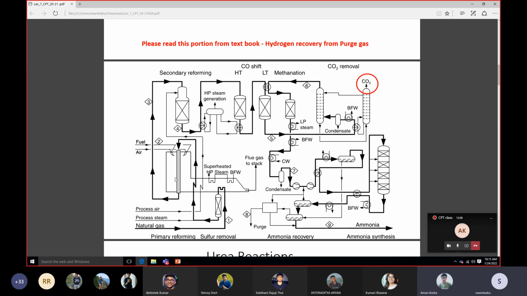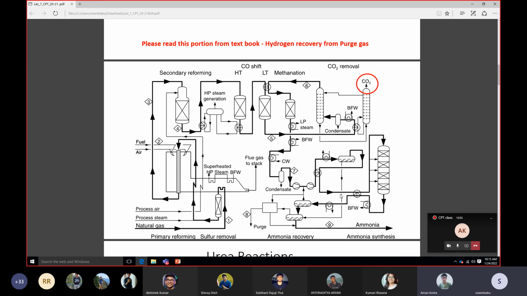Then it goes to the primary reformer, then the secondary reforming section. After that, we have the CO2 removal. Then whatever nitrogen and hydrogen is coming goes to the reactor, then is recycled.